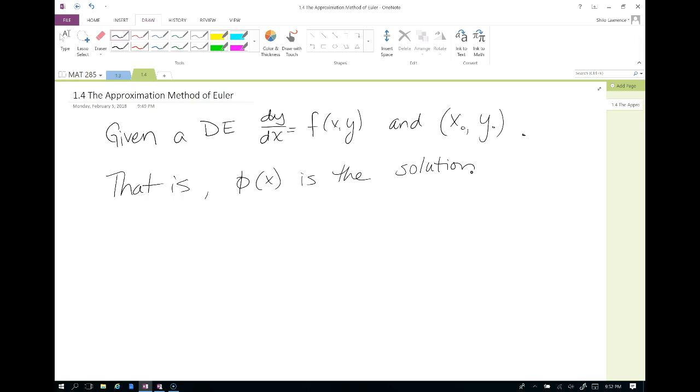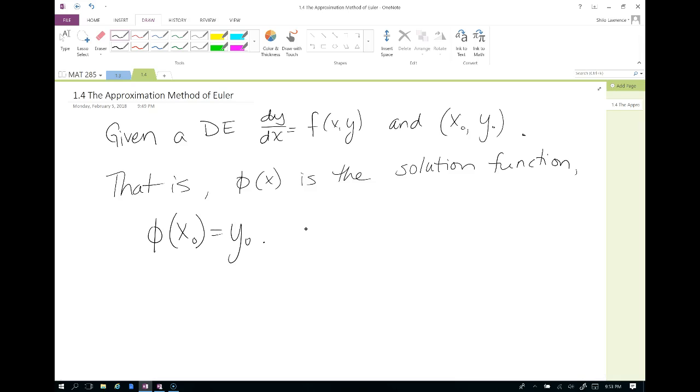But just theoretically, if phi of x is the solution function, what we're saying is that phi of x sub 0 equals y sub 0. Typically, this is going to be given to us as y of some value is equal to another value. But you'll see when we do an example.